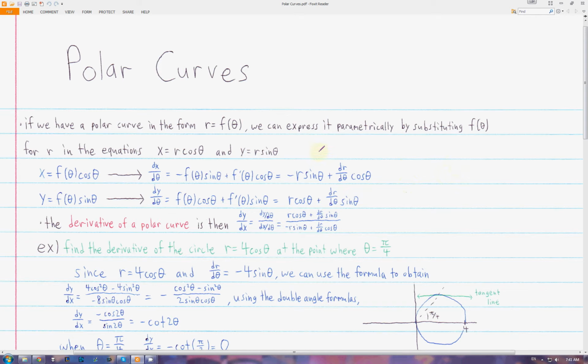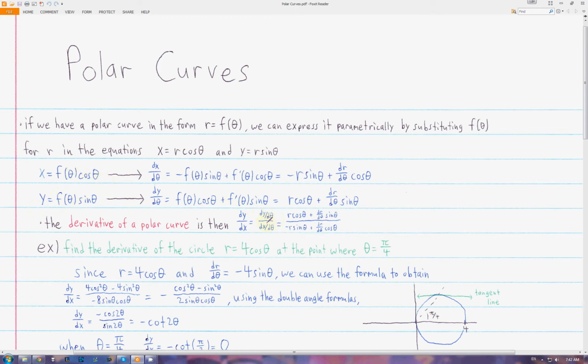So to express the polar curve in parametric form, if we have a curve r equals a function of theta, then we can use these equations: x equals r cosine theta and y equals r sine theta, and just replace the r with the function of theta. And then x and y will both be defined as a function of theta, which is a parameter. And so then it's easy to find the derivative.